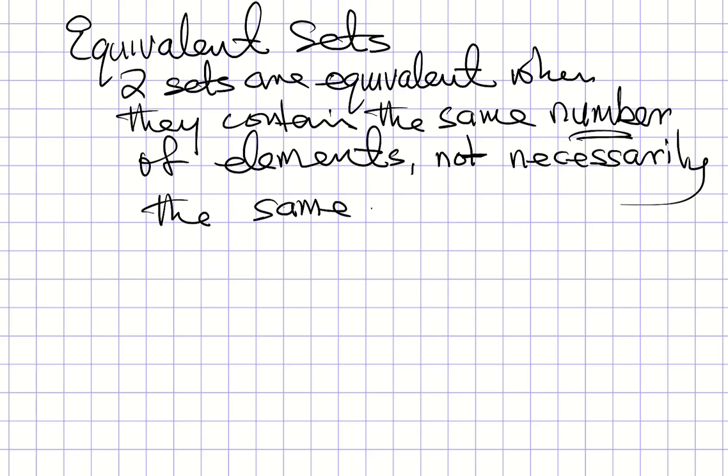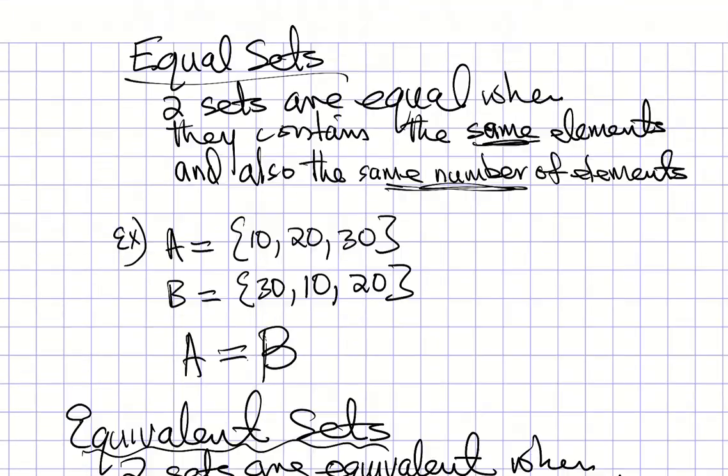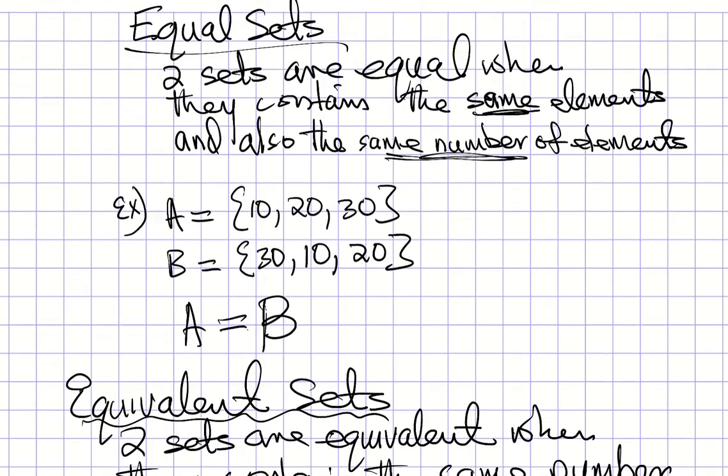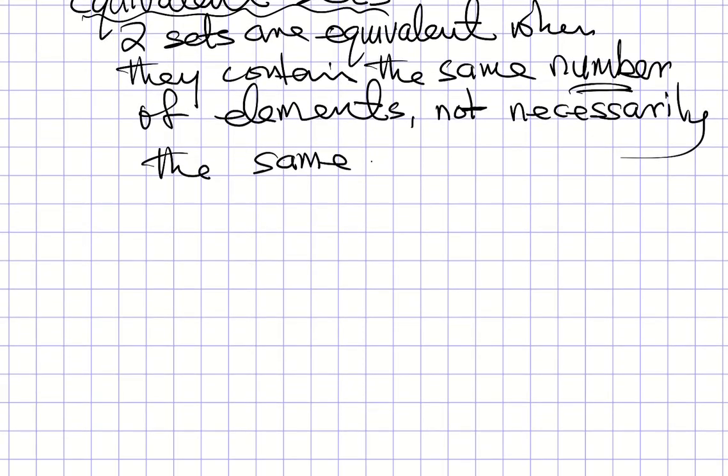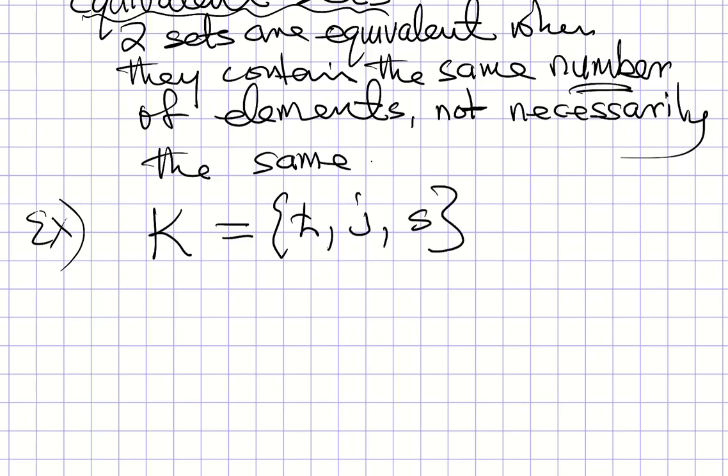Okay, so an example will help you. See, the equivalent set contains one condition of the equal set. Equal set has 2 conditions. Equivalent set has 1 condition. So let's explain it with an example. Let K be the set like this. It contains T, J, S, right?